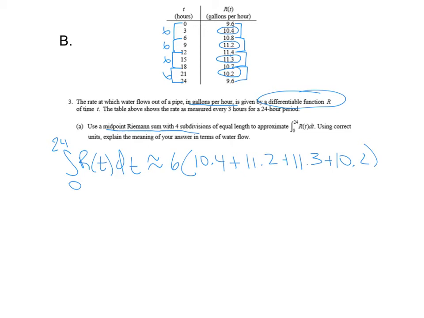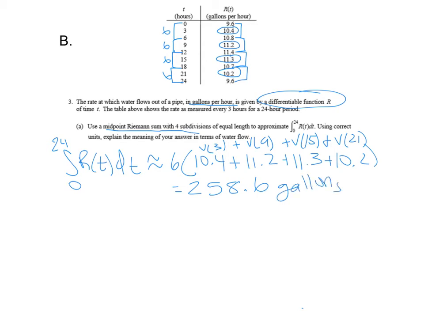Or you could put in R of 3 plus R of 9 plus R of 15 plus R of 21 to make it really clear what you're doing. And plug that in your calculator, and you get 258.6 gallons. All right, we're integrating gallons per hour, right? Gallons per hour, so we get gallons.